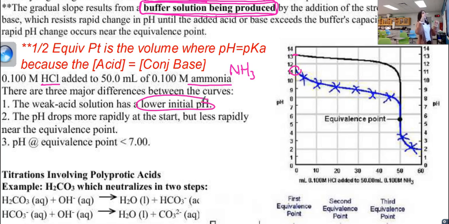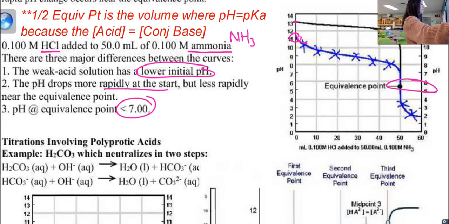The pH is going to drop more rapidly again. You can see that little drop there, and then it's going to be more steady. So more rapidly at the start, but then less rapidly near the equivalence point. And then now we can see that our pH at our equivalence point is going to be lower. So if you have a weak base, your pH should be lower, it should be more acidic. If you have a weak acid, then it should be a little bit higher or more basic at the equivalence point.